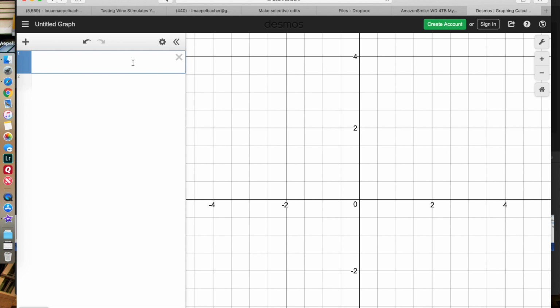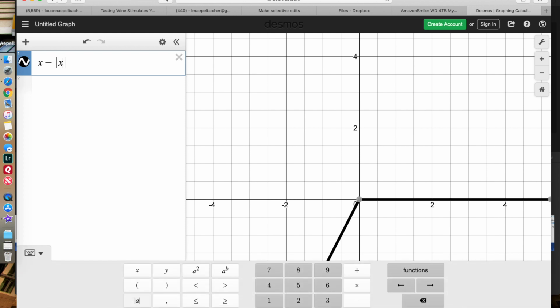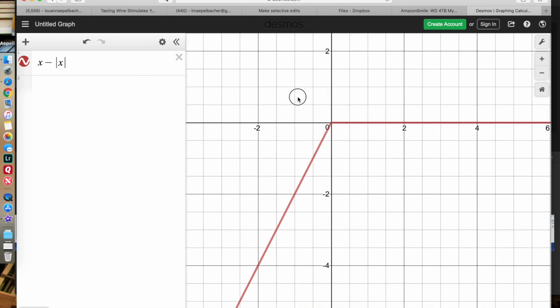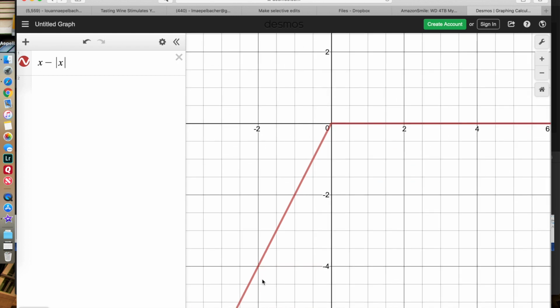This is the graph for number 9e, and it's x minus, and I'm going to grab the absolute value symbol here, absolute value of x. This is an interesting graph, I think, anyway. You may not. I'm kind of a math person like that. But you can see that on the negative side of the graph, the graph has a positive slope of 2, whereas on the right-hand side, or the positive side of the graph, it's a horizontal line that has a slope of 0 and follows the x-axis.